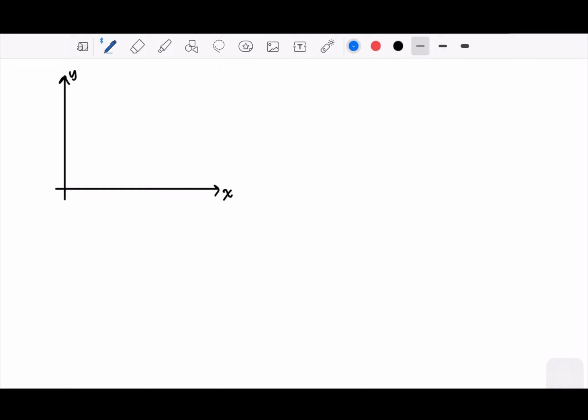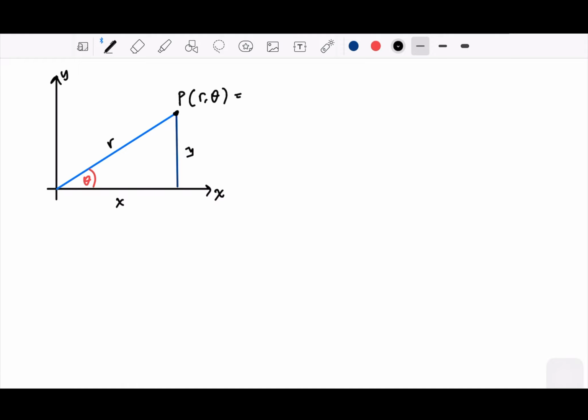Okay, the next one is just a review on what you have learned actually. Let's say this is y, this is x, this is r, and this is theta. And this point here we can say in polar, or we can also say in Cartesians.